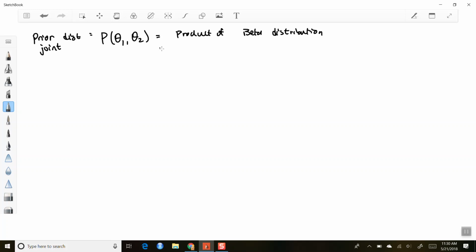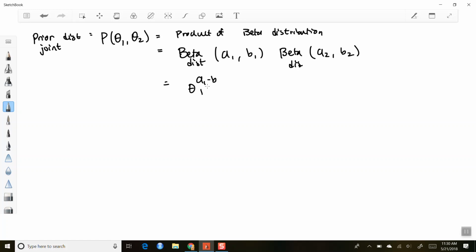So we will have a beta distribution with a1 and b1, alpha 1 and beta 1, and then a beta distribution with shape parameters a2 and b2, which become theta 1 to the a1 minus 1 times 1 minus theta 1 to the b1 minus 1.